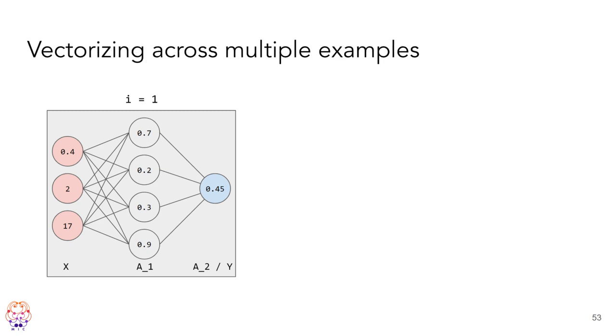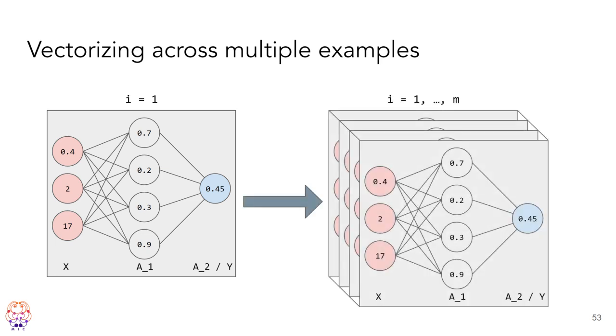So we want to go and vectorize across multiple examples. And basically, you can think about it like this. We're taking a neural network for one example and stacking it on top of each other. So for this example would be there, but you could have different values under it.